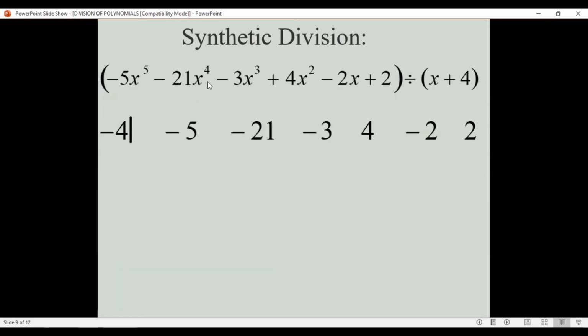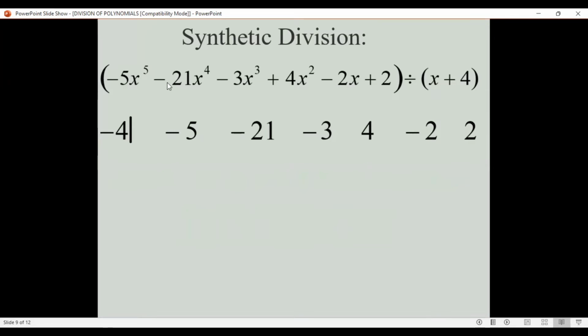You will observe also that you have x plus 4 here as our divisor. And what happened? We are now changing the positive 4 into a negative 4. Basically, we are looking for the 0 of the divisor. That's the method.